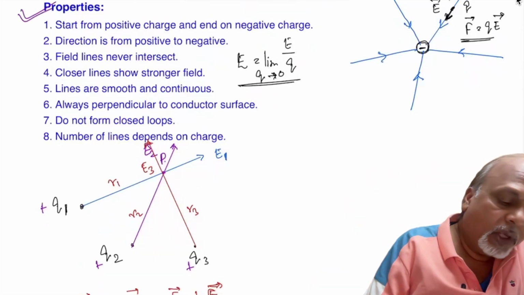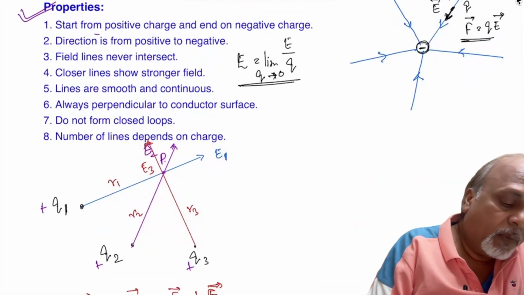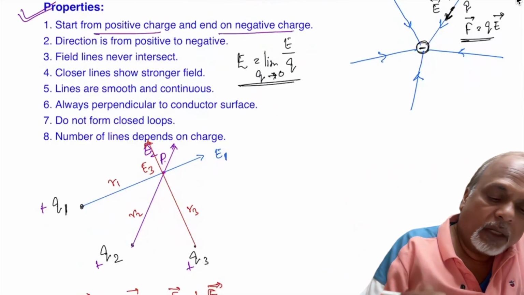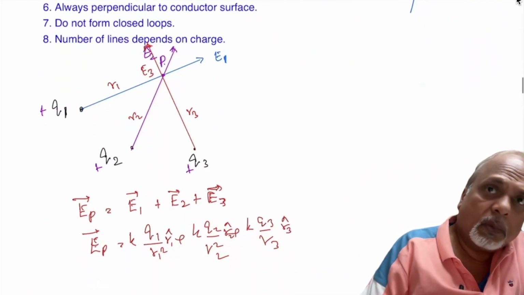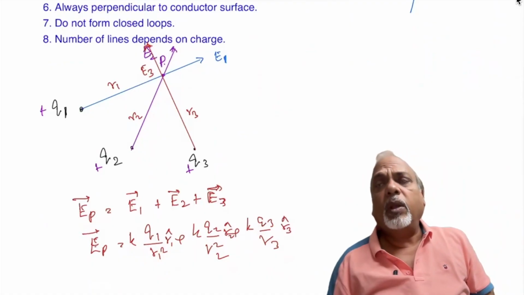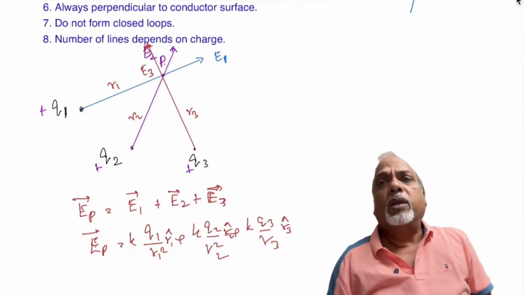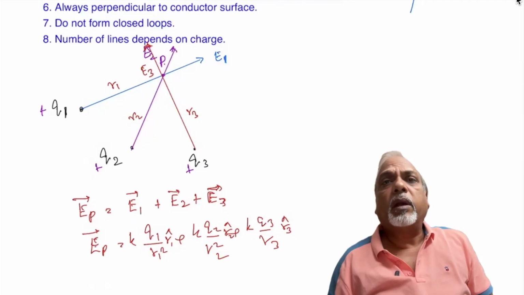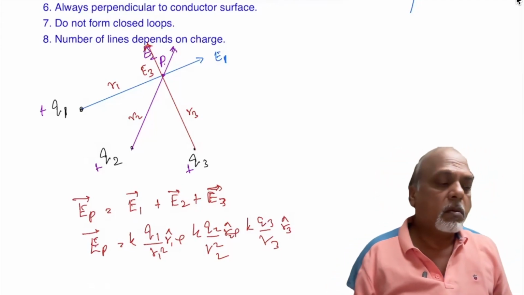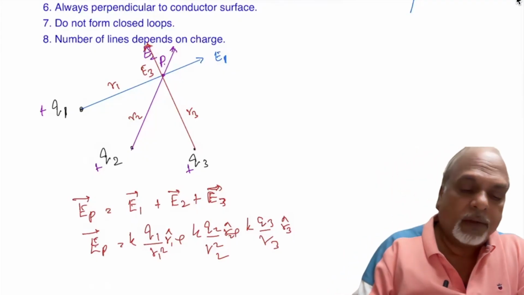Properties we can once more see. Starting from the positive charge and negative charge, suppose you have positive and negative charges. Correct. Then you can draw electric field lines like this.